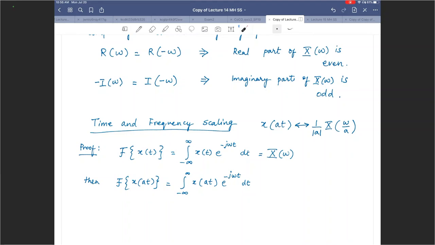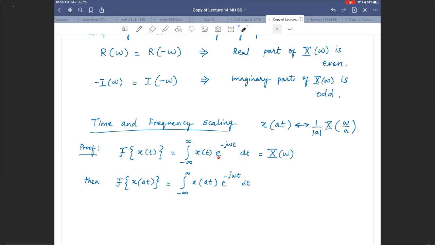The time and frequency scaling property says, if you have a time domain signal x of t, the Fourier transform of x of t is X of omega. That is given. This is by using the definition of the Fourier transform, integration from negative infinity to infinity, x of t e to the minus j omega t dt.